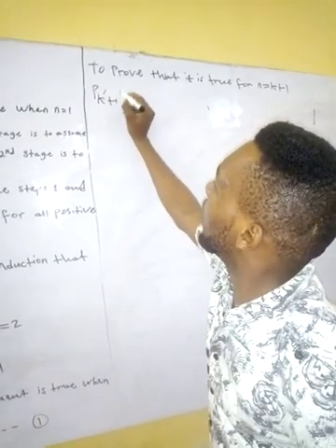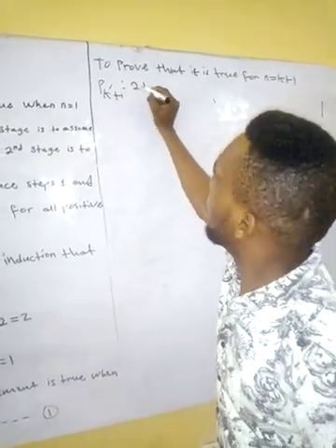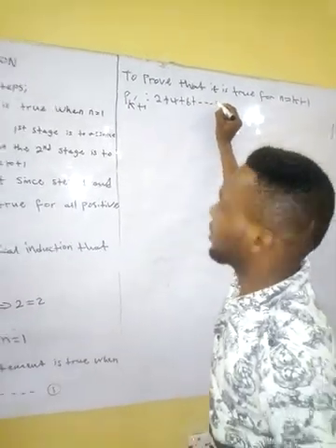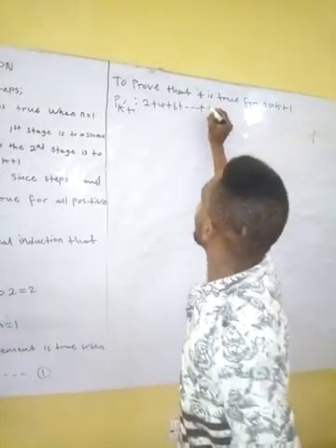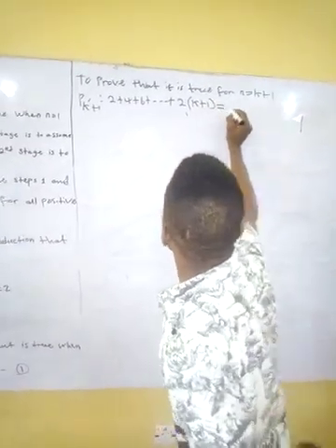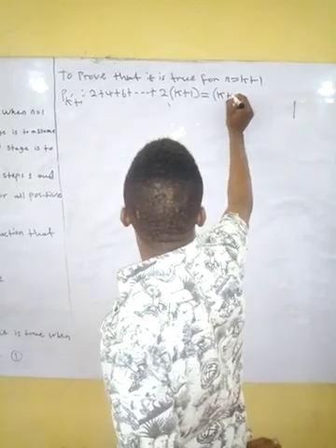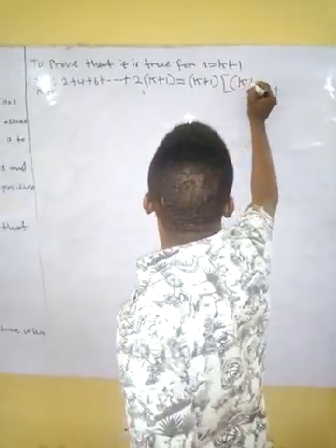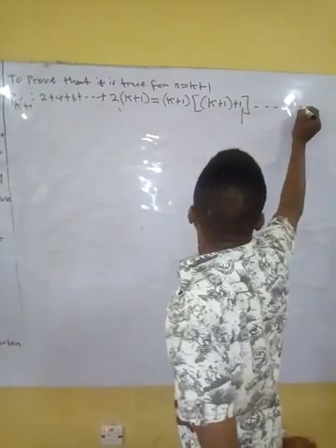Pk plus 1: 2 plus 4 plus 6 plus dot dot dot plus 2 times (k plus 1) is equal to k plus 1 bracket k plus 1 plus 1. This becomes equation 2.